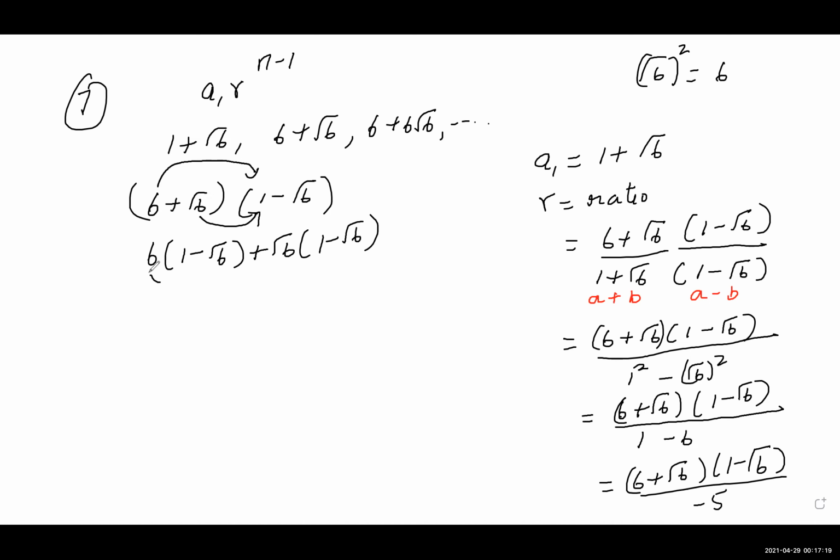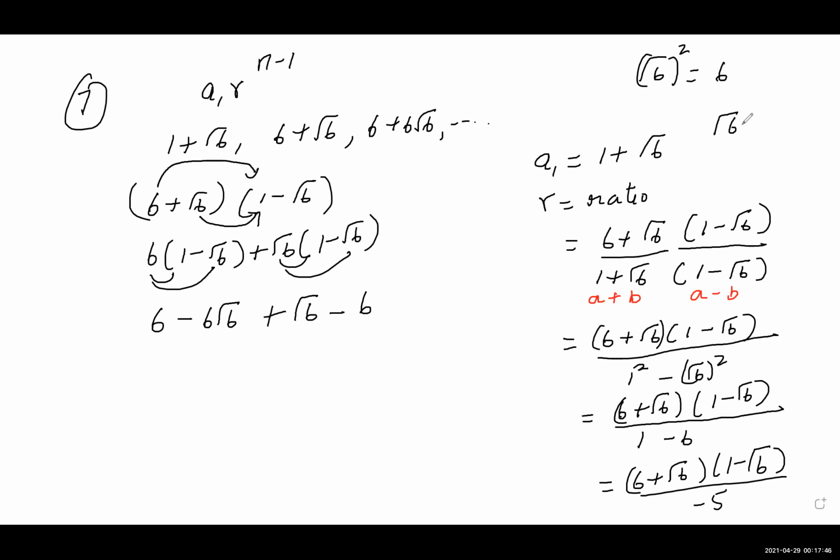So if you multiply these two, now you distribute. If you multiply 6 times 1, you're going to get 6. Then if you multiply 6 with the square root of 6, you're going to get 6 square root of 6. Then same thing here. If you multiply square root of 6 with 1, you get square root of 6, right? Then positive times negative is negative. If you multiply a square root of 6 with square root of 6, you're just going to get 6, okay? You have to know this.